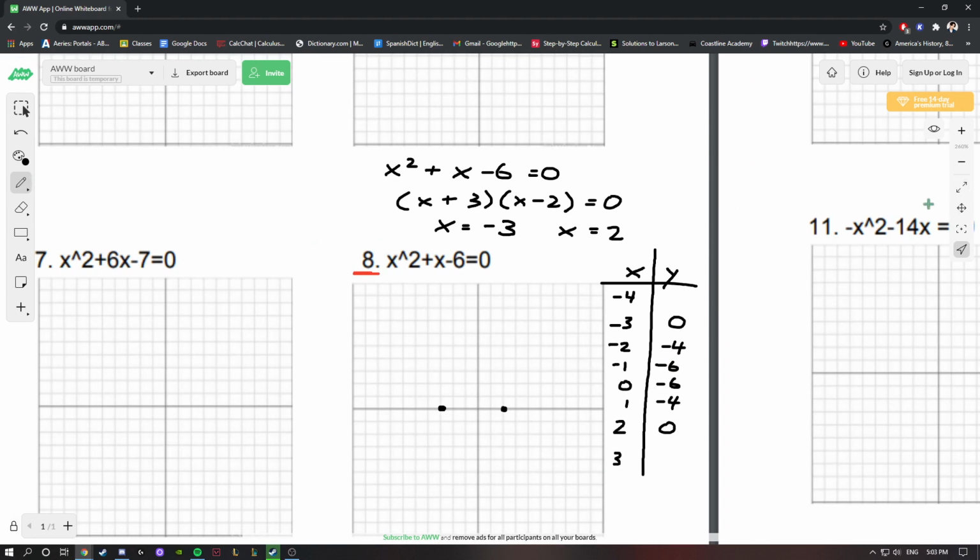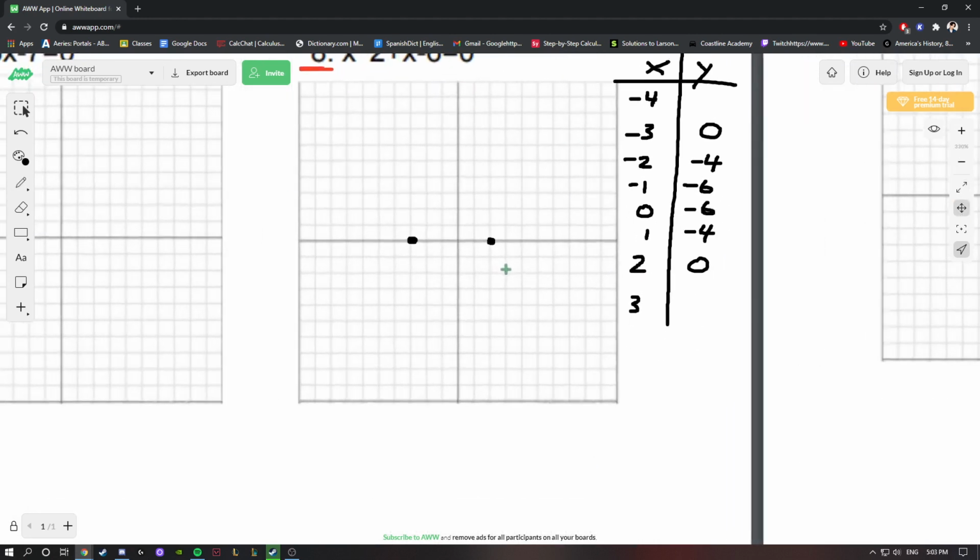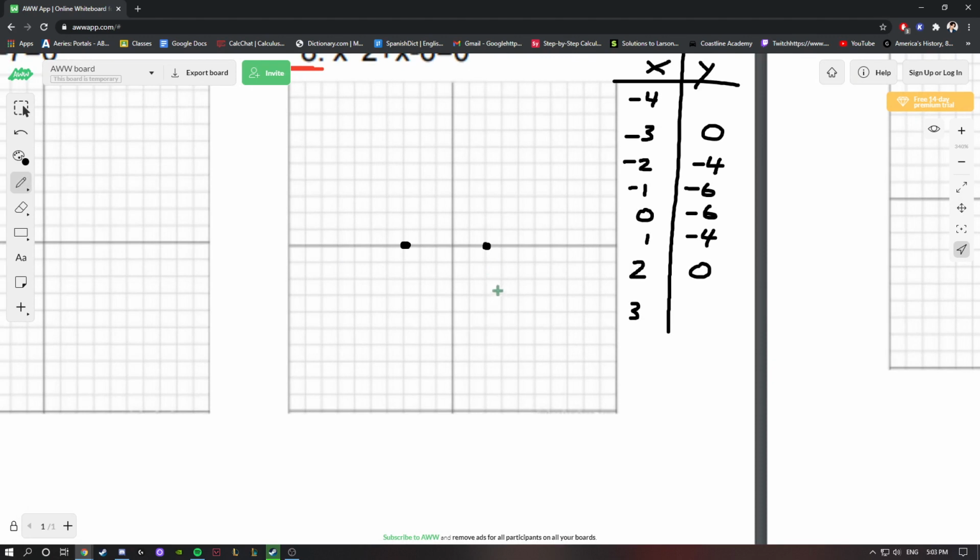Okay. So -2 should be -4, 1, 2, 3, 4. -6, -6, -4, and then we could draw a curve. And unless there are restrictions on the domain, which we haven't learned yet, we always want to put our arrows on the ends of your graphs to indicate that it goes on forever.